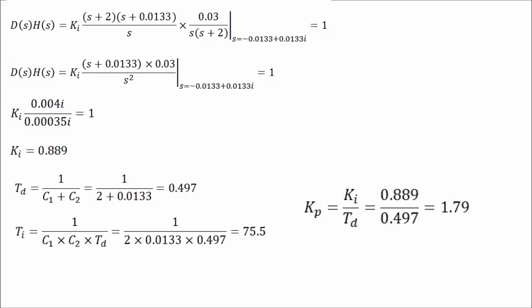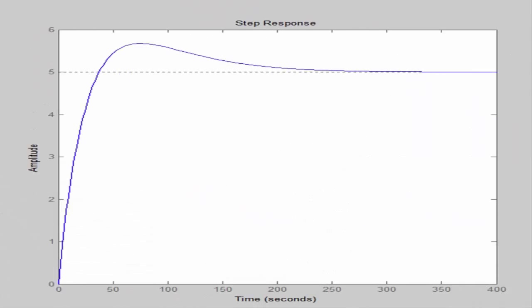And finally, the value for Kp is equal to Ki over Td, which gives us a value of 1.79. With these values for the compensator multiplied by our plant, we have a closed loop system response like this, which is stabilized in 5 and has an overshoot of approximately 75.